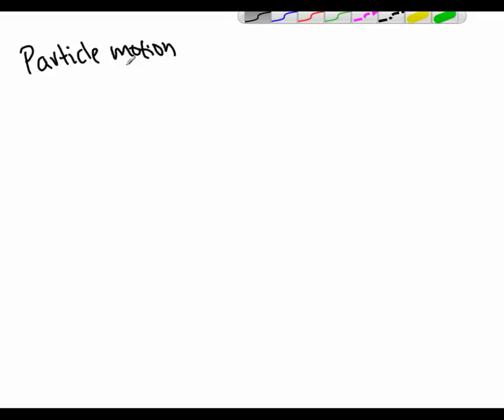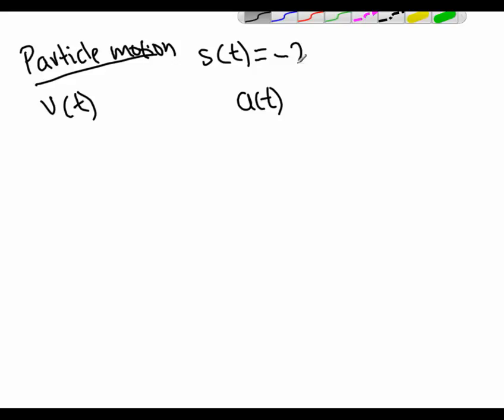All right, next. Let's say we have particle motion. I'm going to ask you to find the velocity function and also the acceleration function. You're going to start with the position function. In this case, let's say I give you -2 cosine of 3t squared. Well, v of t, and again, whatever notation you use is fine, is going to be the derivative of your position function.